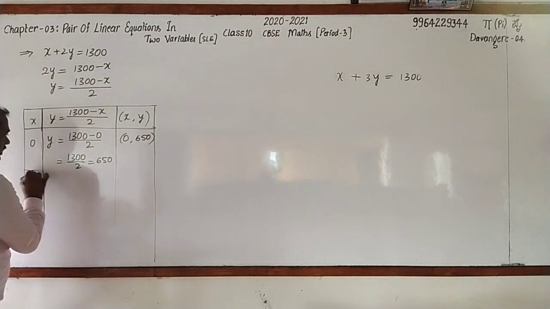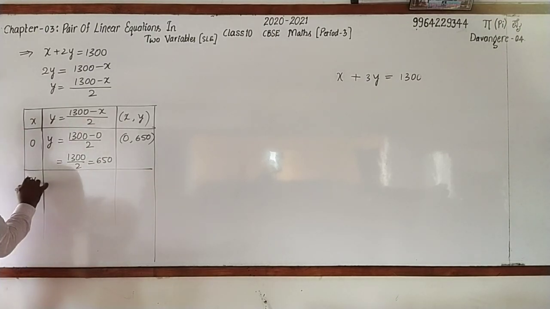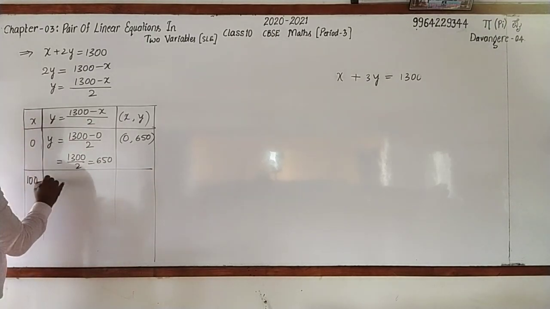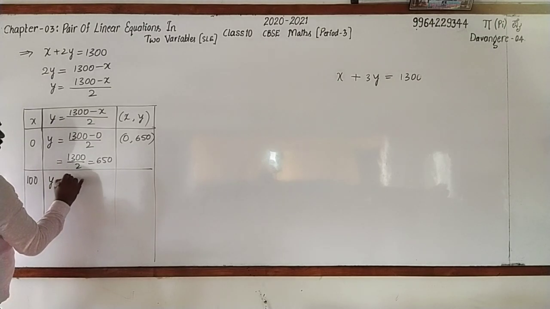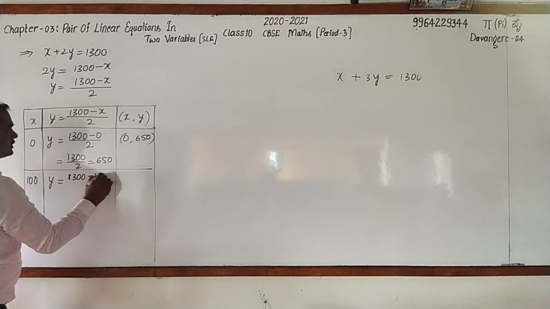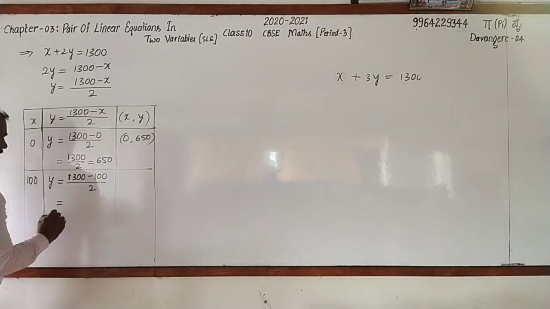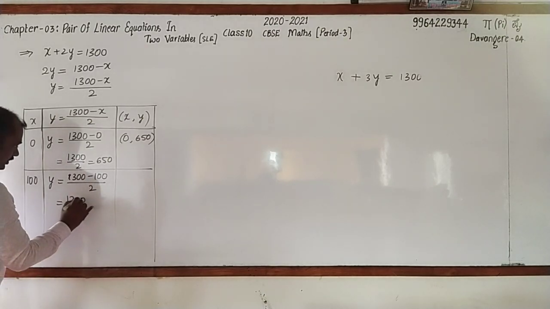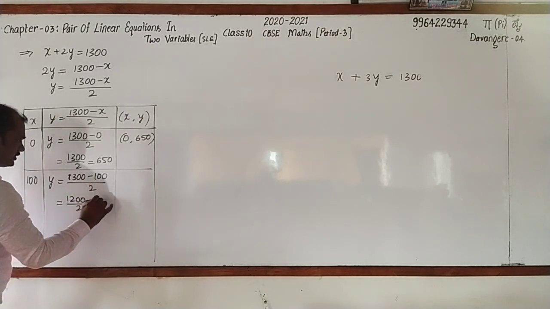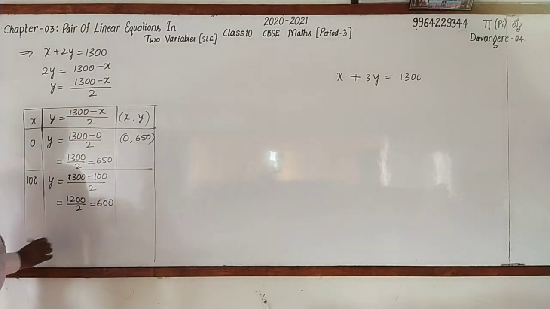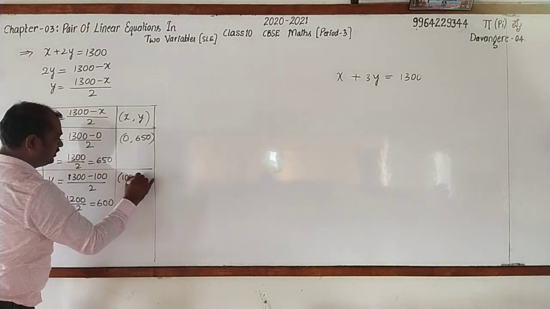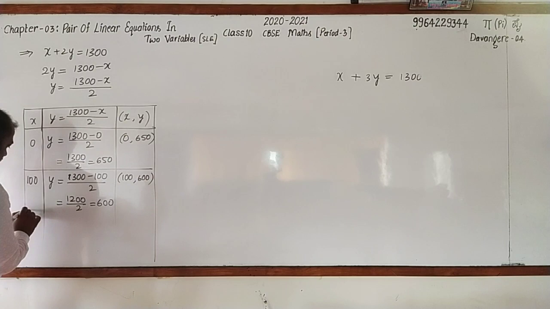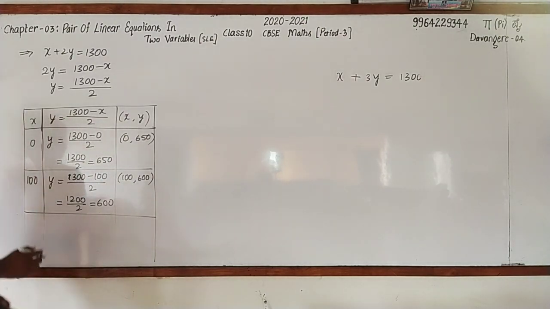Clear? Next, another. Let me take 100. Then y equals (1300 minus 100) by 2. This is equal to 1200 by 2. It is equal to 600. So when x is 100, y is 600. If you want, you can take one more number.